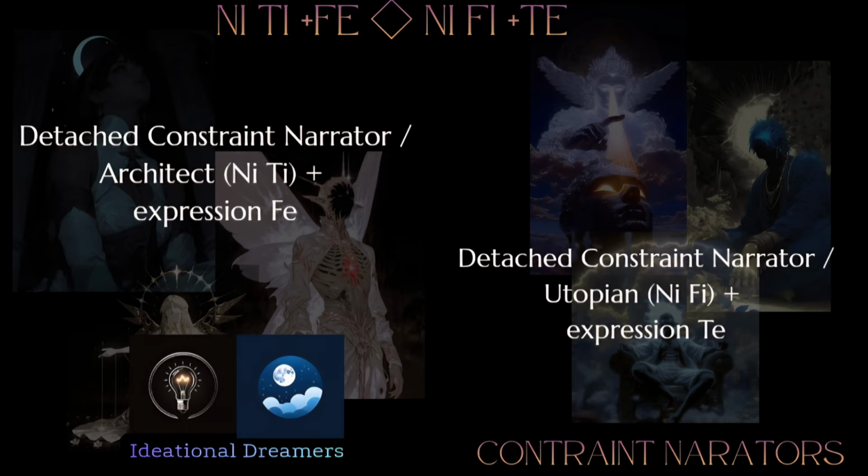who both lead with a detached perception function of NI. Both is going to be vague, but TI in service to NI for the architect is going to be more conceptual in relation to a theme, meaning. We call them narrators, and they are constraint because it's more of a merging, narrowed down vision that is more pronounced and projected in a future oriented sense that is more vague in its nature.